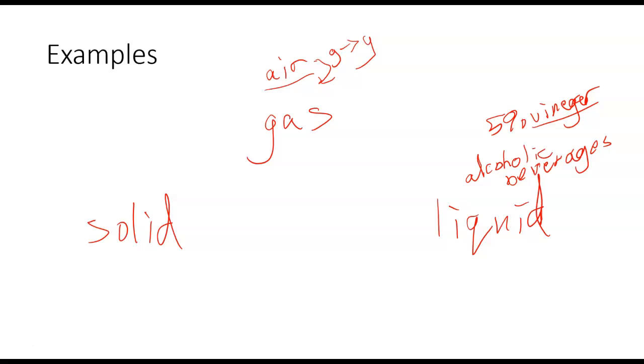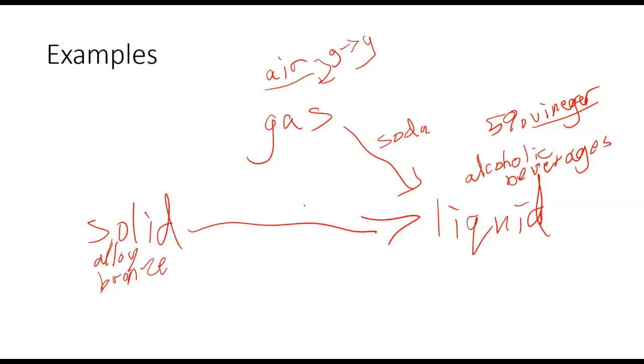It's kind of a weird idea, but it's how we make alloys, so like bronze. Now we can also have mixtures between these different items. So we can have a gas dissolved in a liquid, like in a soda. But there's also solids mixed in that liquid for soda.